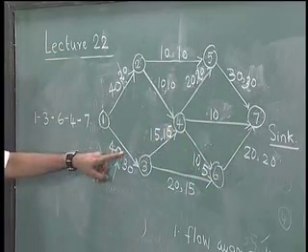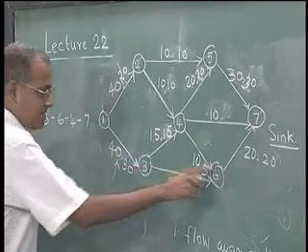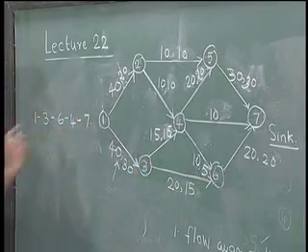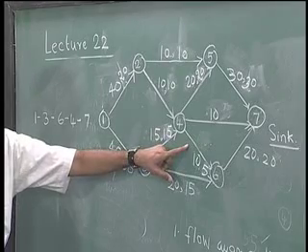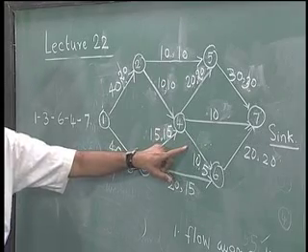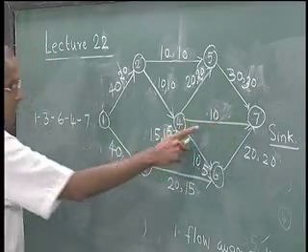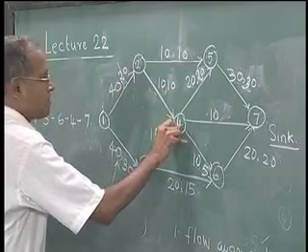Now, 1 to 3 is a forward arc, there is an arc from 1 to 3. 3 to 6 is a forward arc, there is an arc from 3 to 6. 6 to 4, there is no arc in this network with 6 to 4, but we are still considering it because there is an arc from 4 to 6, and then 4 to 7 is a forward arc with an arc going from 4 to 7.